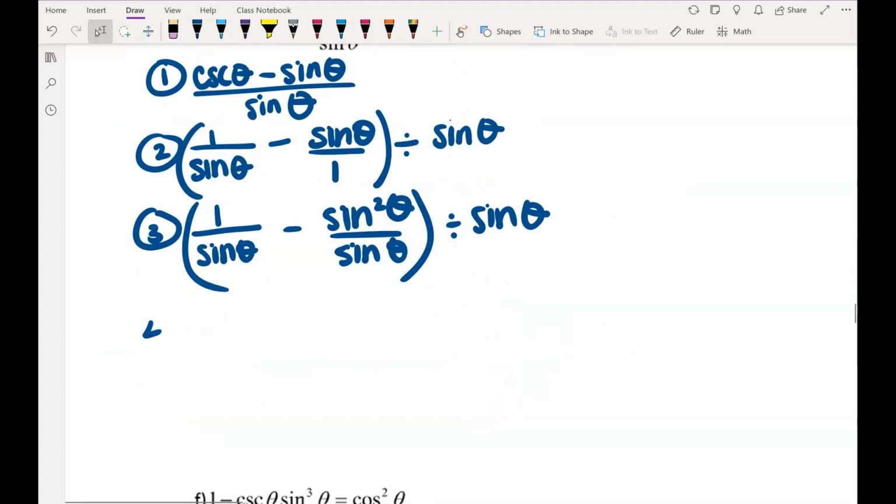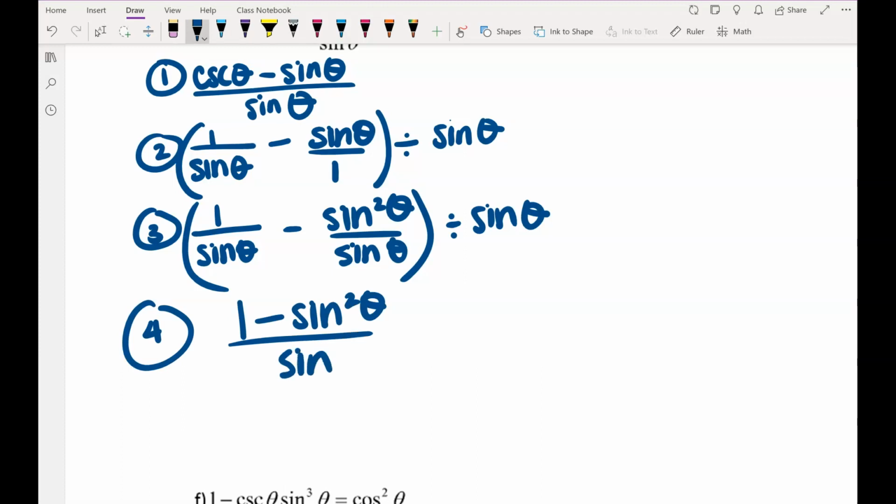So 1 minus sine squared is now all over sine. Can I multiply by its reciprocal, or do I not need to? Well, I did that, but it was after I turned the 1 minus sine squared into cosine. Okay, I see what you're doing.